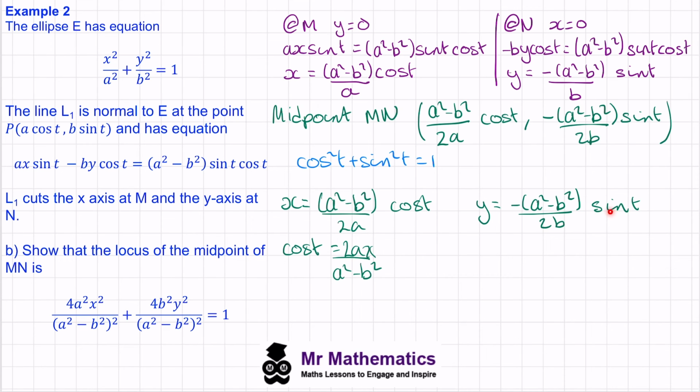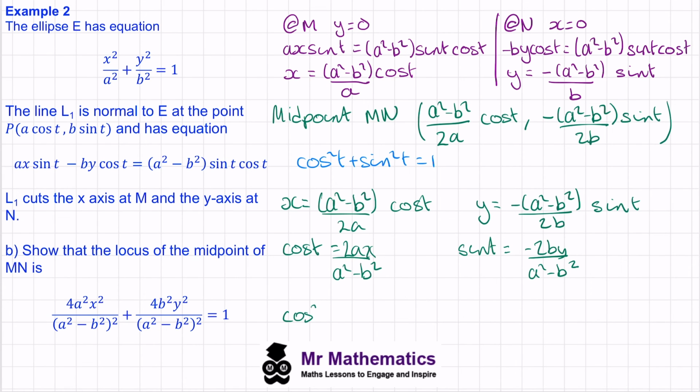We'll make sin t the subject by multiplying both sides by 2b and dividing by negative a squared minus b squared. So sin t will equal negative 2by over a squared minus b squared. And now we can square this and substitute it into here. We can do the same for this and substitute that into here.